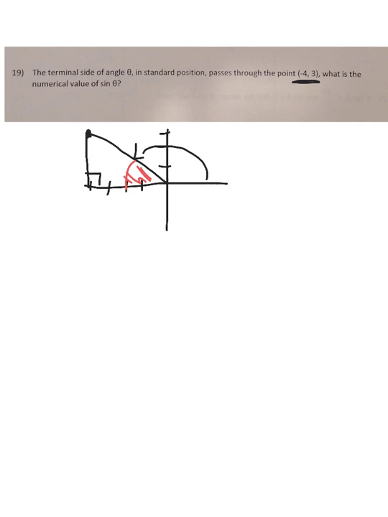Okay, now, they didn't give us any fractional value. Like normally they'll tell us, oh, you know, sine x equals 17 over 21, like they did on number 18. Well, they didn't do this in 19. However, we know they gave us this point, and actually, let me go back and label that. This point is -4, 3.